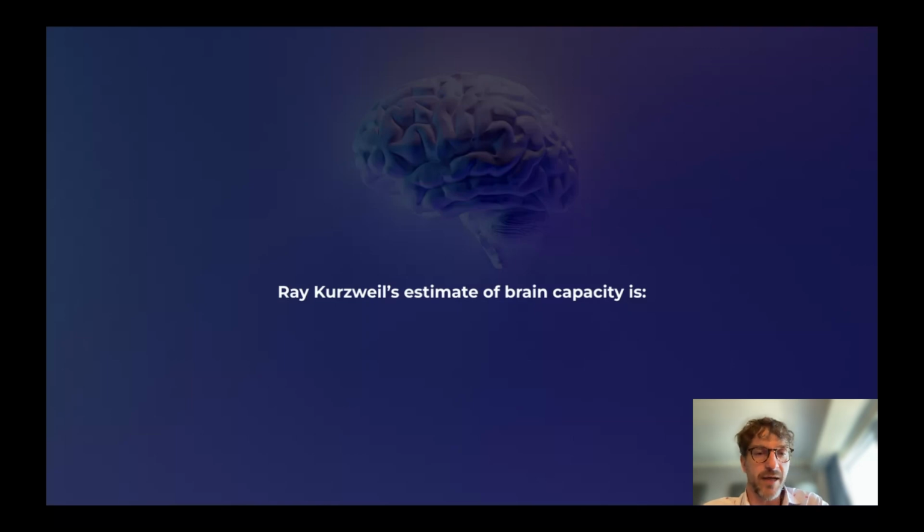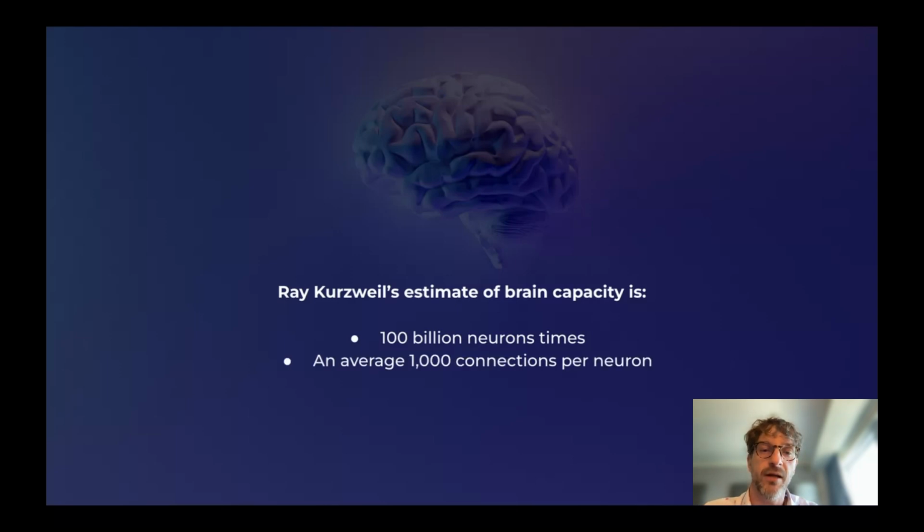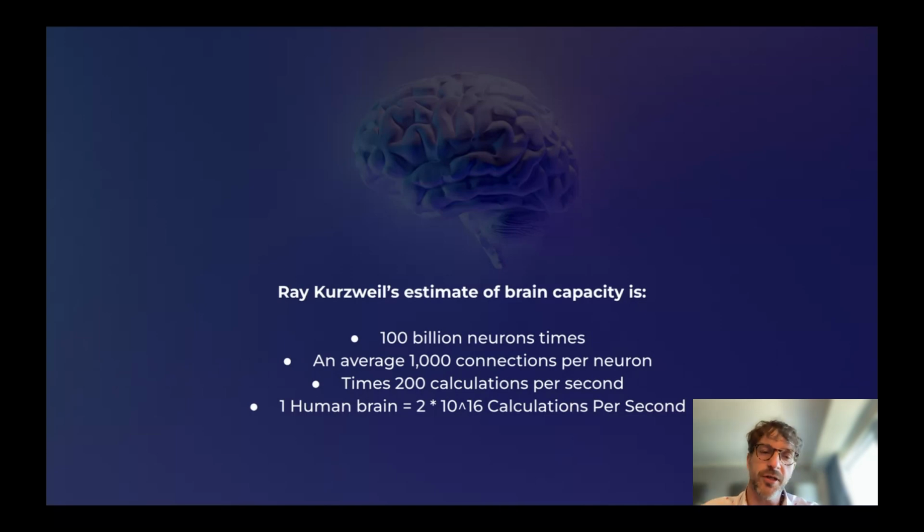It's a 40-page document. It's just fascinating. He said the human brain is about 100 billion neurons, with an average of 1,000 connections per neuron. Each connection can do about 200 calculations per second. So long story short, a human brain is equivalent to 2 times 10 to the power of 16 calculations per second.